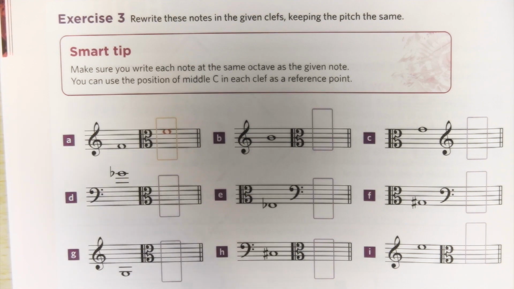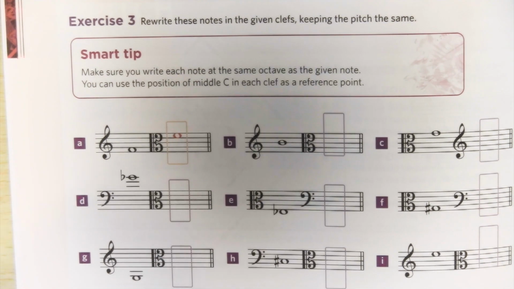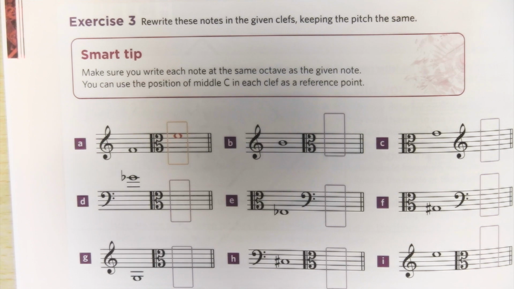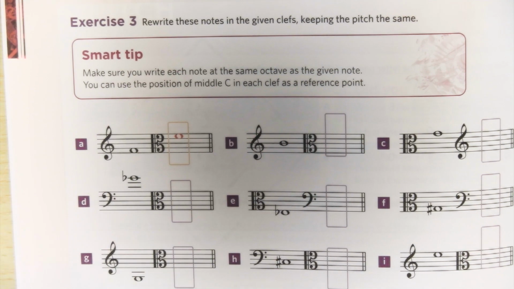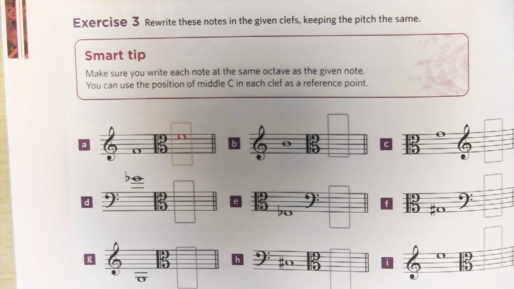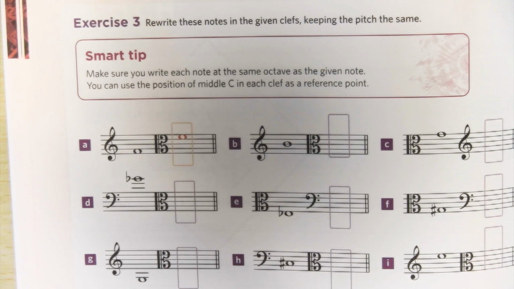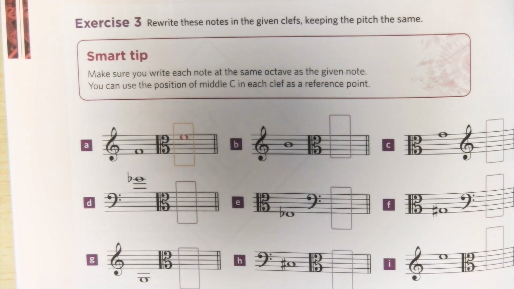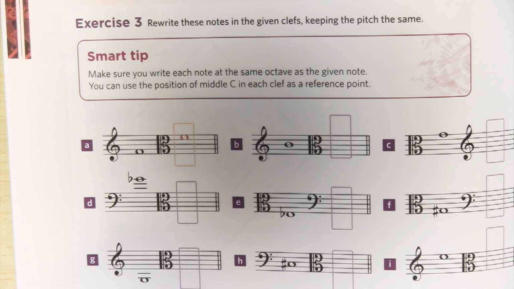And this is because each clef in music is used for different registers, so that we can use the same stave to write notes that are further down on the piano keyboard or high up.